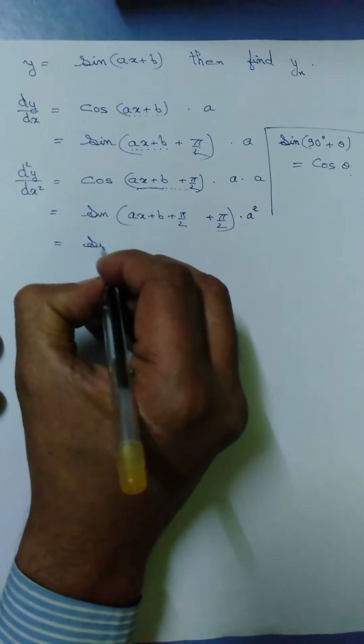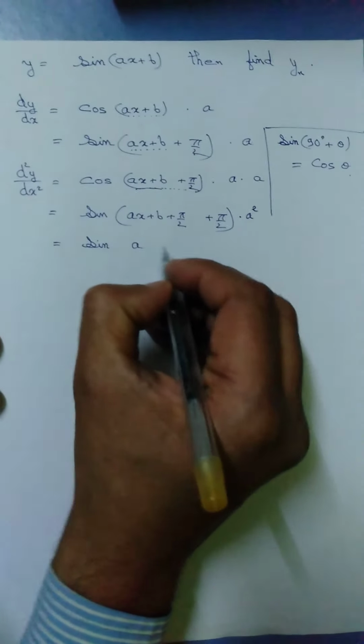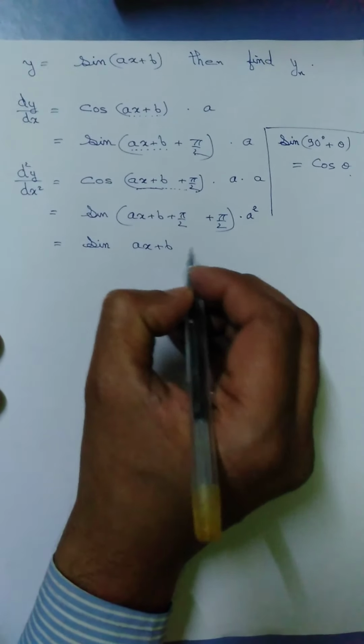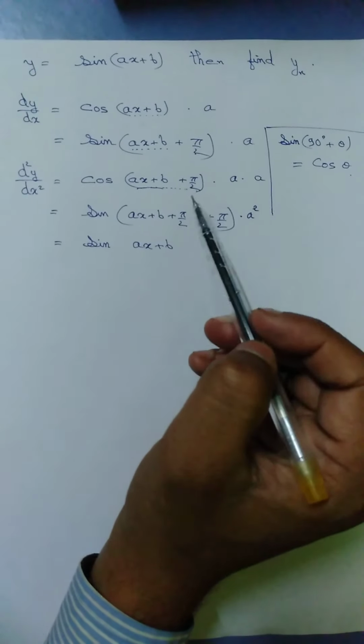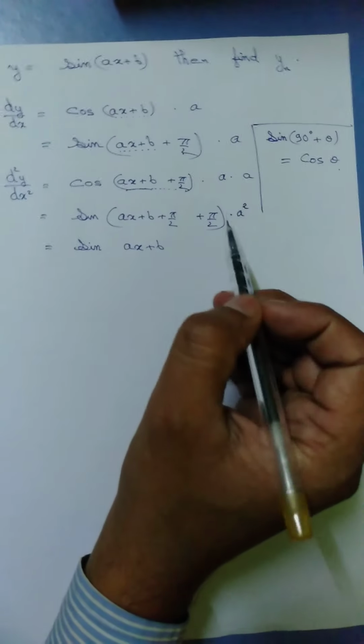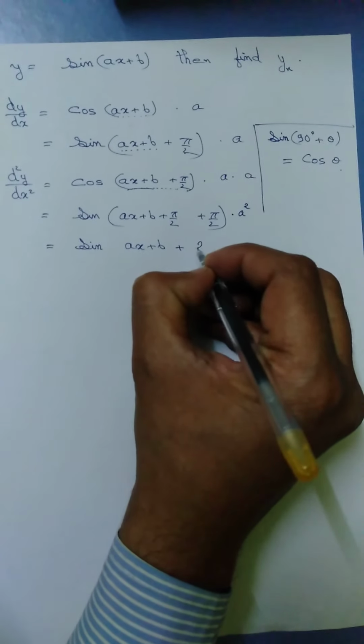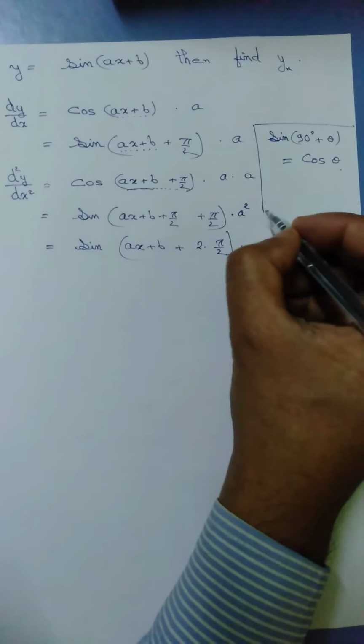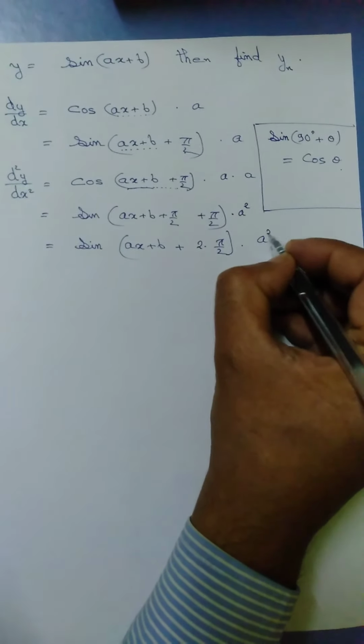So that is sine of ax plus b plus how many times we had pi by 2? We have got 2 times 90 degrees, so 2 times pi by 2, into a square.